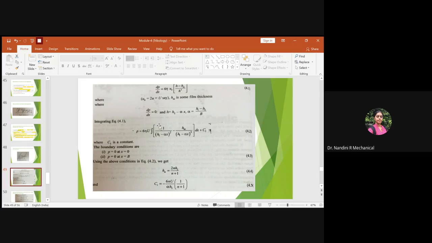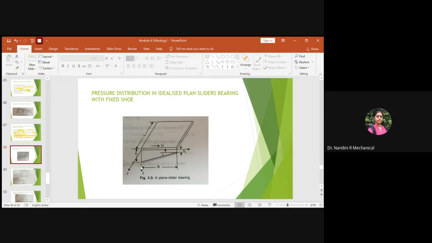So once you integrate, what is our duty? You need to determine the value of the constant. So to determine the value of the constant, it is very essential to put the boundary conditions. So the first boundary condition we'll be assuming is pressure is equal to 0 at X is equal to 0. And in future, when pressure is equal to 0, for the distance of this plate B, you should come to know what the variation will be.